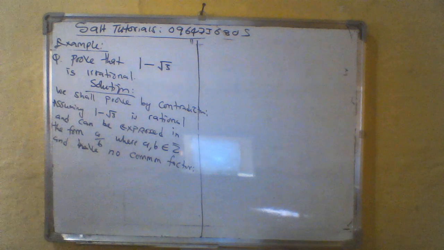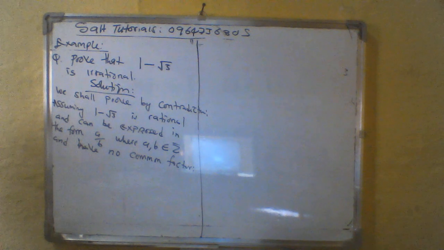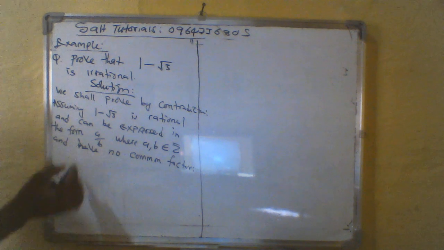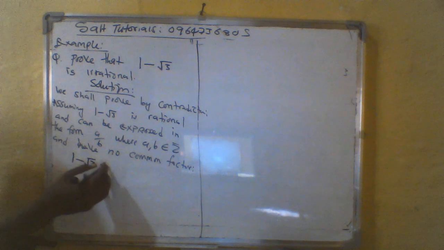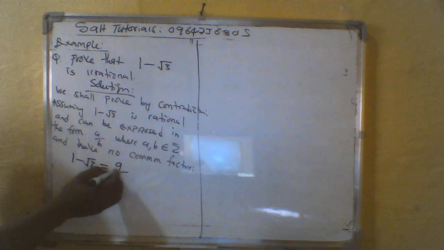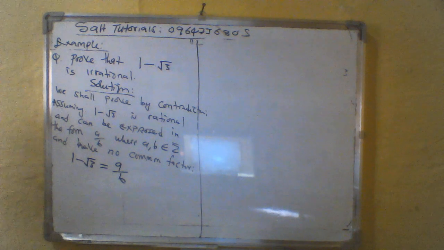This is the assumption we have made. So what is the next part? 1 minus root 3 should be equal to a over b. That's a rational number.